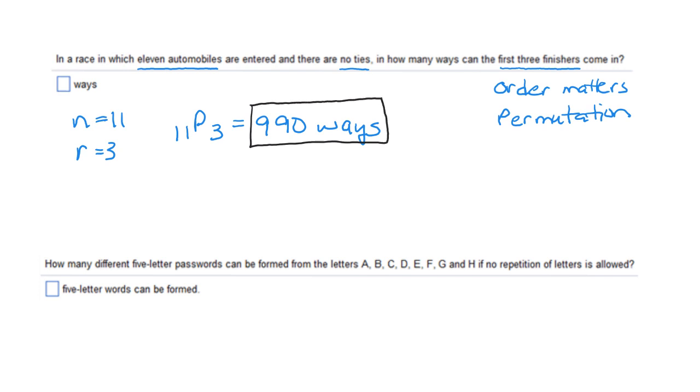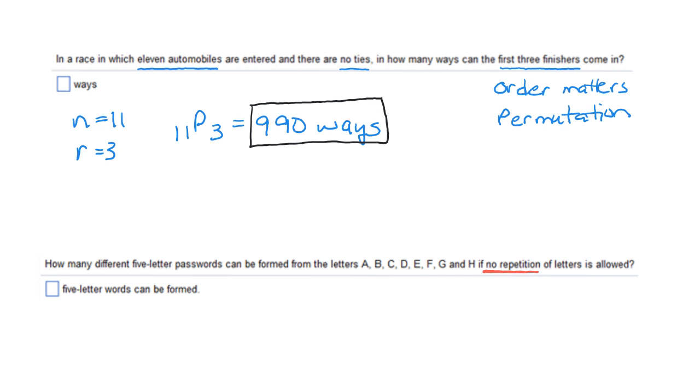All right. And the one here on the bottom says, how many different 5-letter passwords can be formed from the letters A, B, C, D, E, F, G, and H if no repetition of letters is allowed? All right. So once again here, we have no repetition, which was noted on the very first slide of this session when it said that in permutation, there's no repetition.